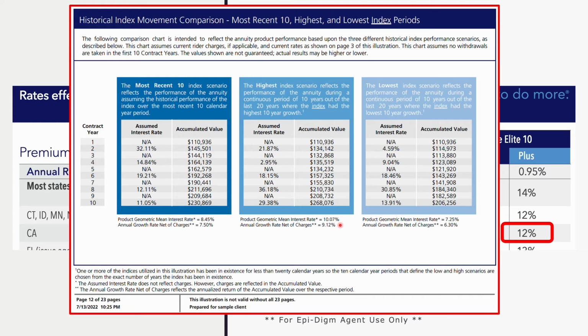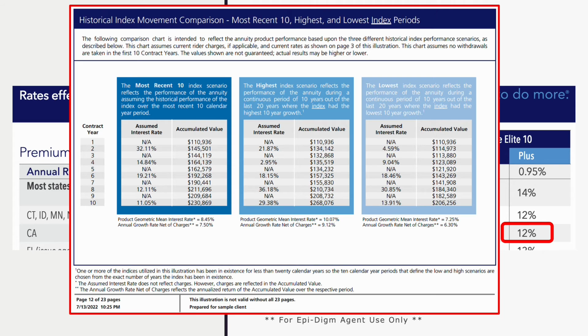The worst 10-year is 7.25% and 6.3%. What does that mean? Your $100,000 after the last 10 years is $230,000. Your $100,000 in the highest time frame is $268,000. Your $100,000 in the lowest time frame is $206,000.